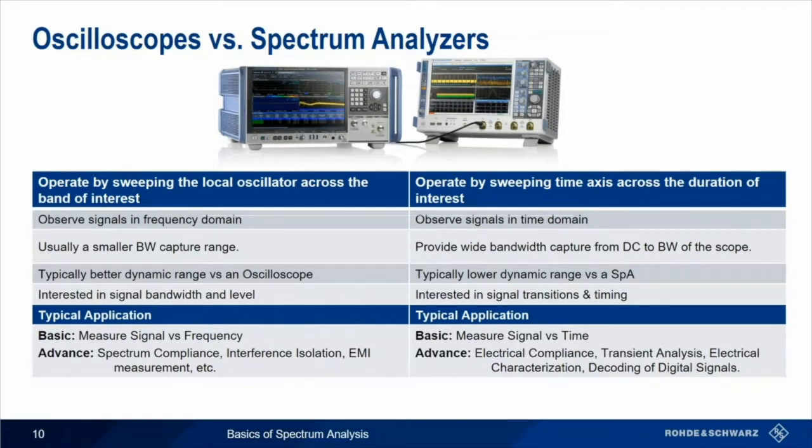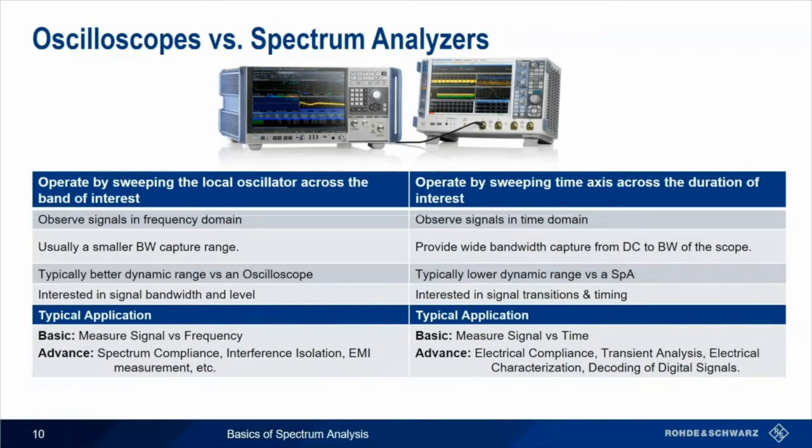Some of the typical applications we talked about: measuring the signal versus frequency, doing compliance testing, like EMI testing, those types of things, interference isolation, anything that makes sense to look at from the frequency domain is where a spectrum analyzer is going to really excel.